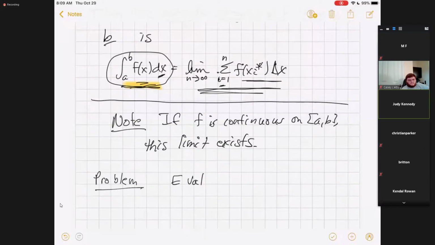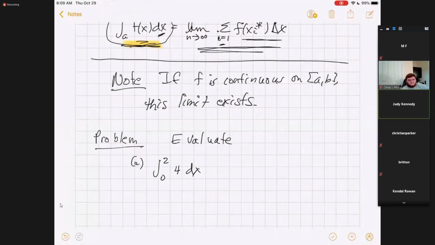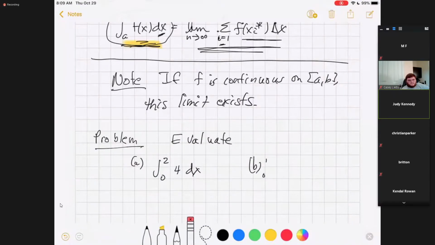Evaluate: a, the integral from 0 to 2 of 4 dx. And b, the integral from 0 to 1, oops, forgot the integral sign, of the square root of 1 minus x squared dx.